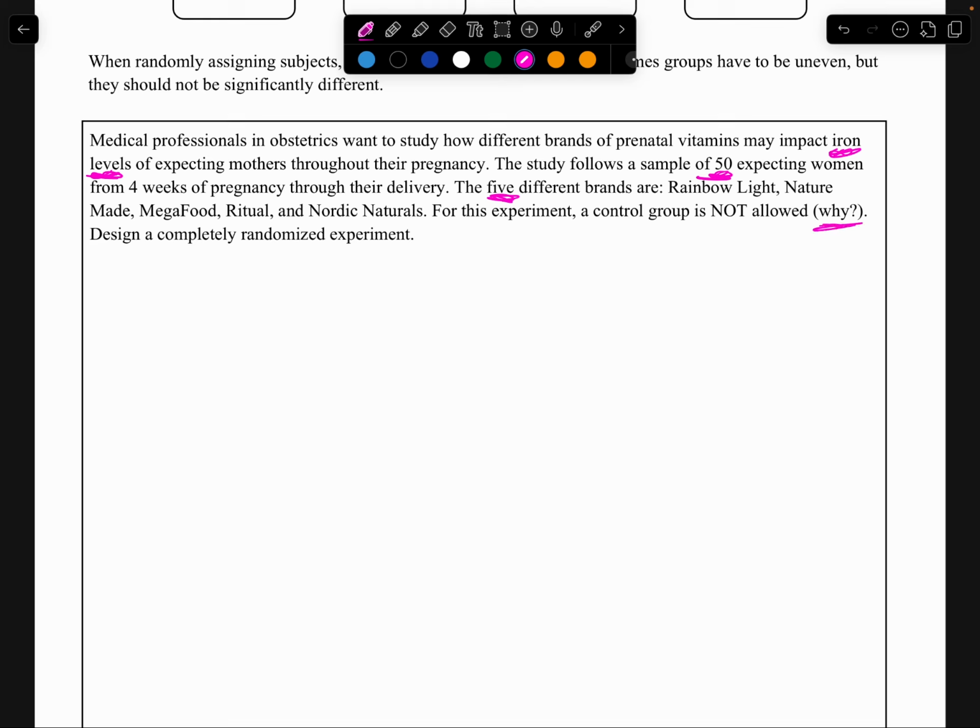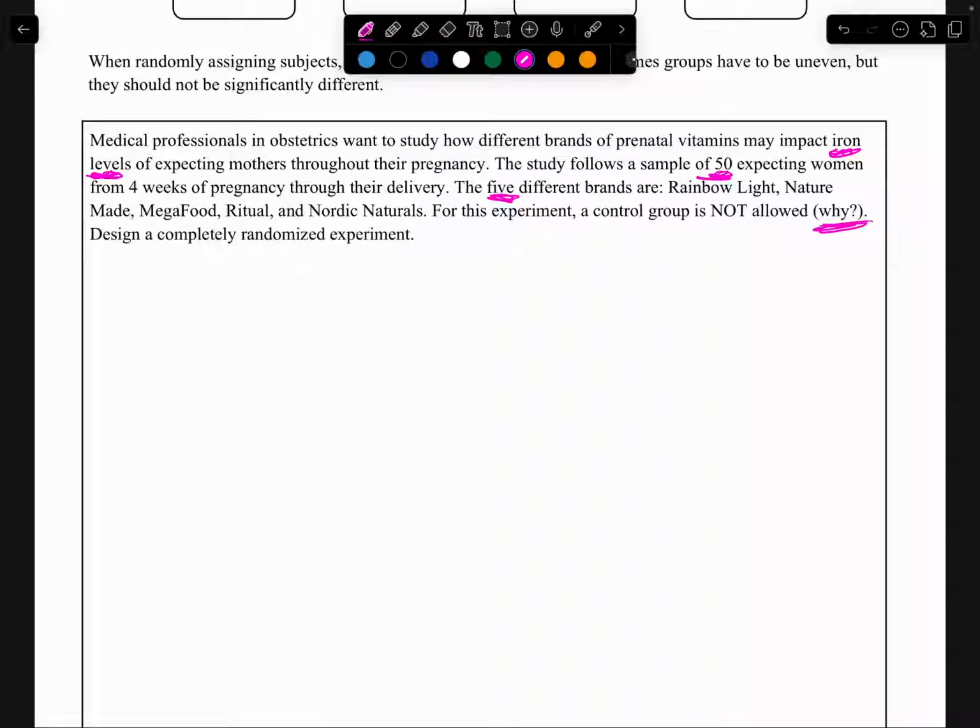Why? Darn good question. A control group would be like you were saying, okay, we've got, say, 6 groups, and one group is going to have vitamin A, one group is vitamin B, C, D, and one group is going to have a placebo, but we're not going to tell anybody. So you tell all these women, do you want to be part of a study where you get vitamins?